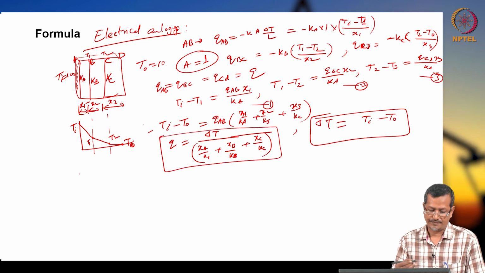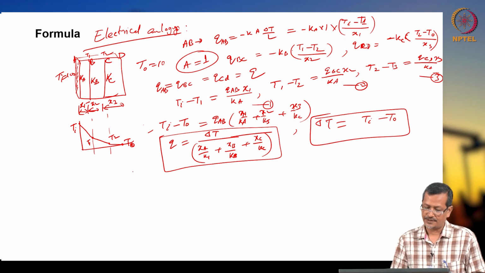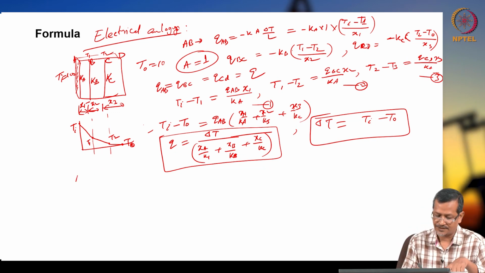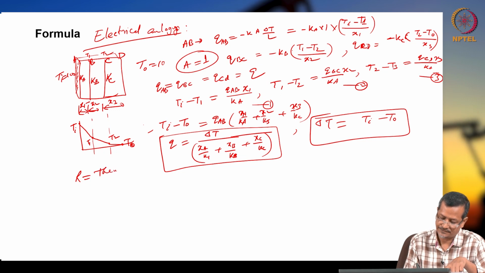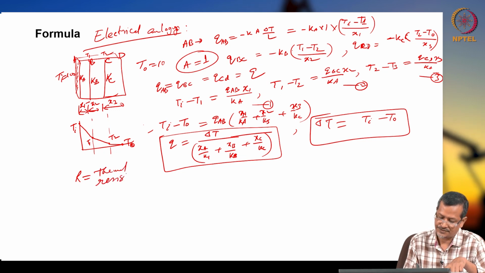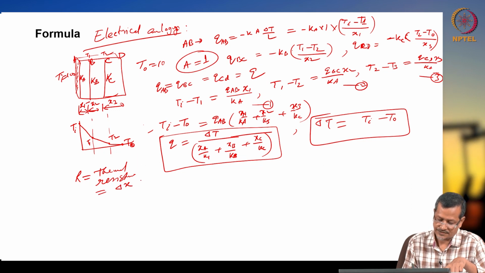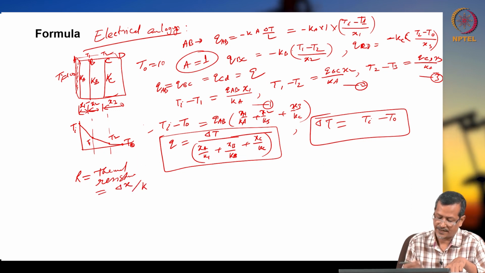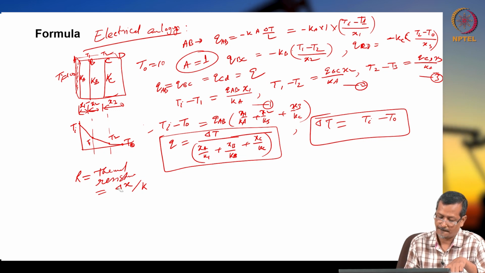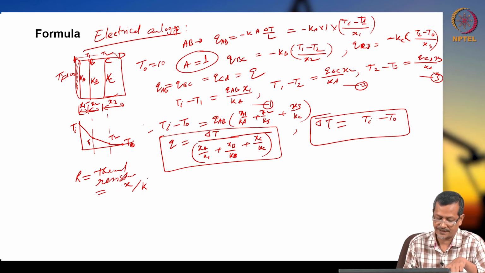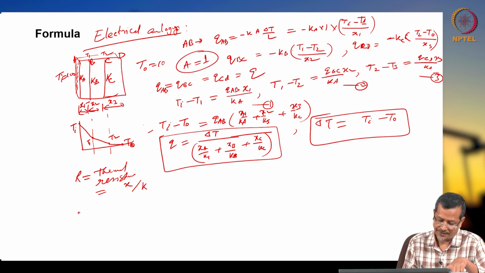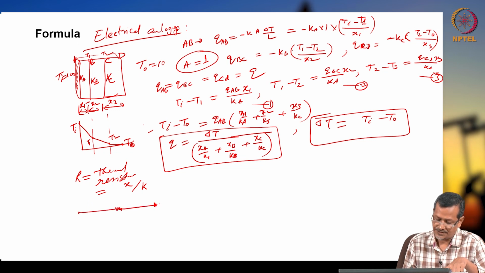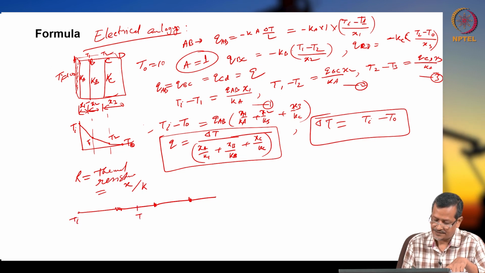Now if I make an electrical analogy, R is thermal resistance, equals del X by K, or X by K. Okay, I write X by K. Now if I make the thermal analogy, so Ti, T1, T2, To.